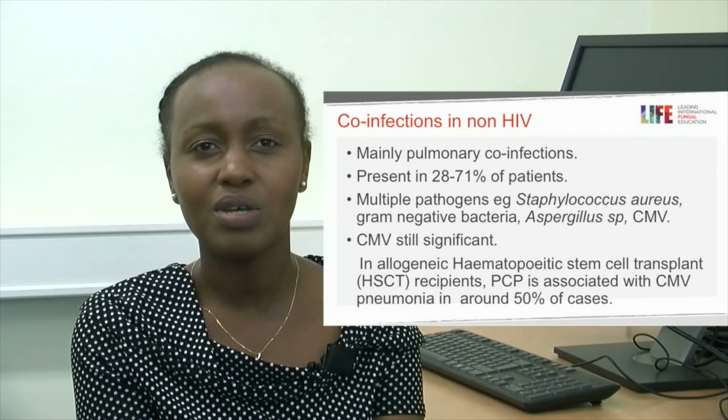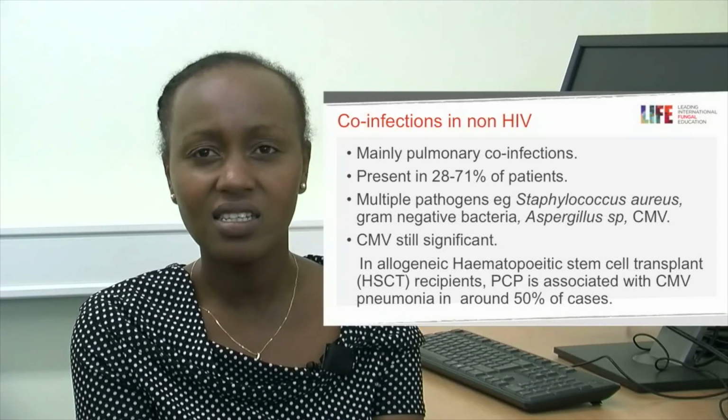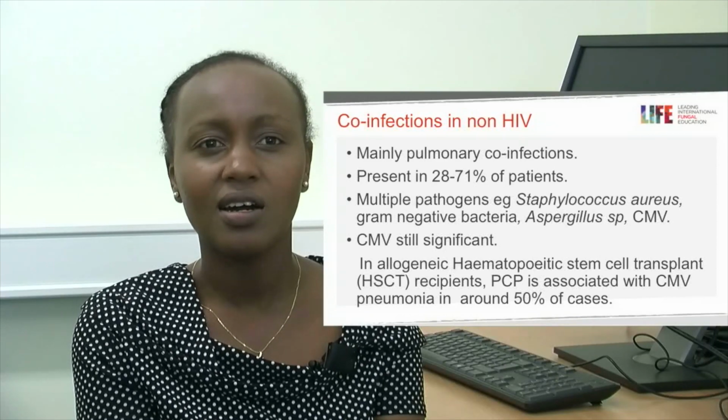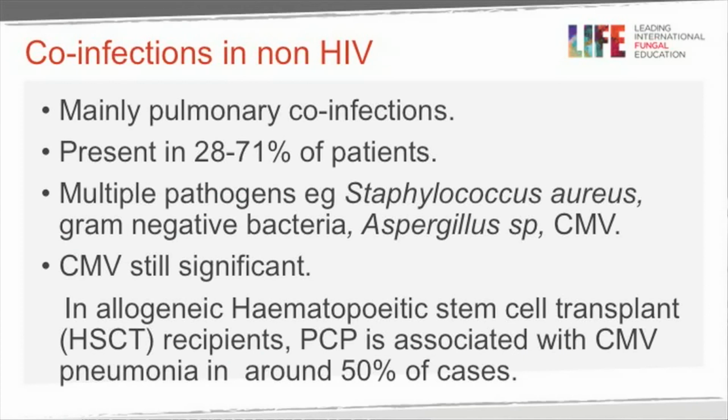Multiple pathogens have been isolated: Staphylococcus aureus, gram-negative bacteria, Aspergillus species, and Cytomegalovirus. In a subset of patients who have received stem cell transplants, Pneumocystis pneumonia was associated with Cytomegalovirus pneumonia in around 50% of the patients.